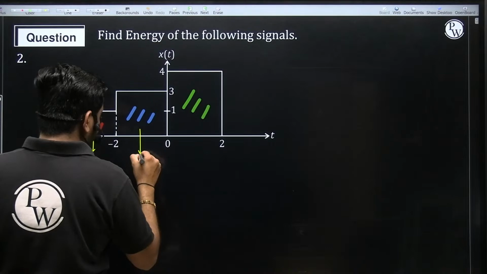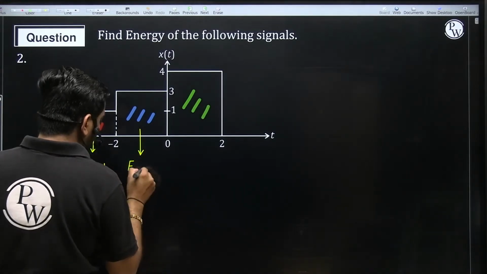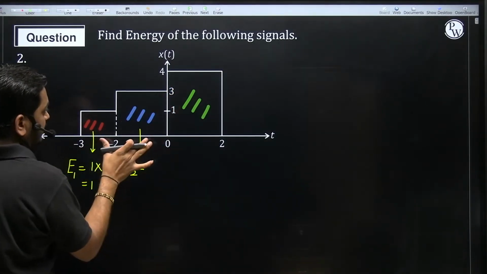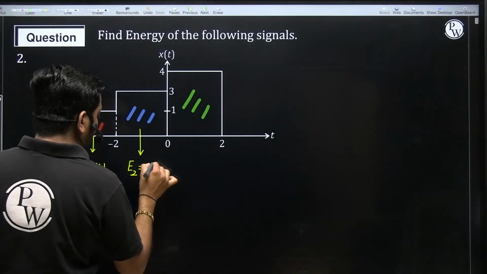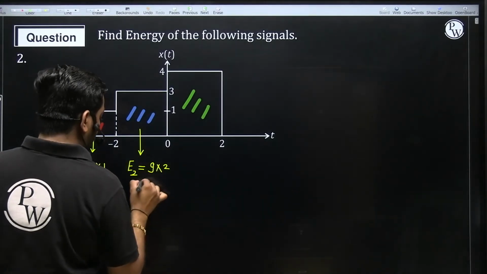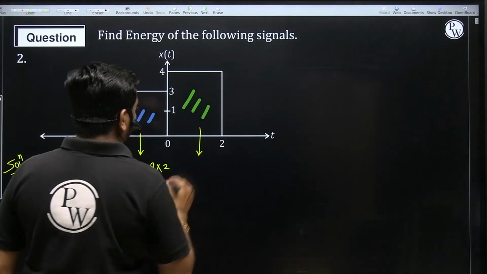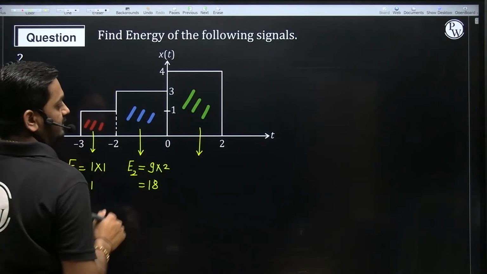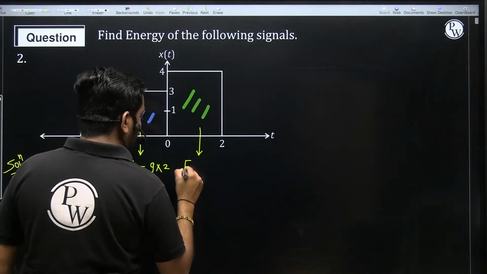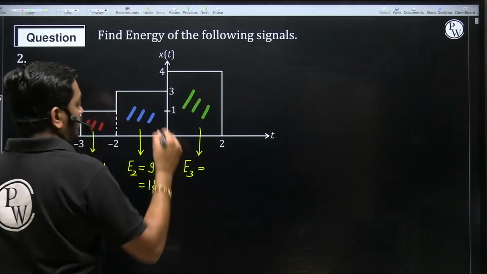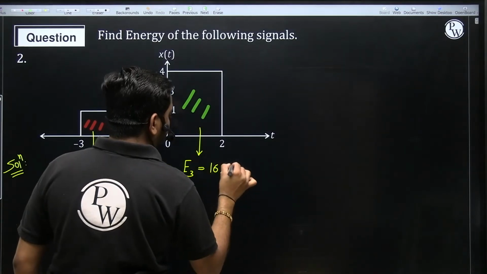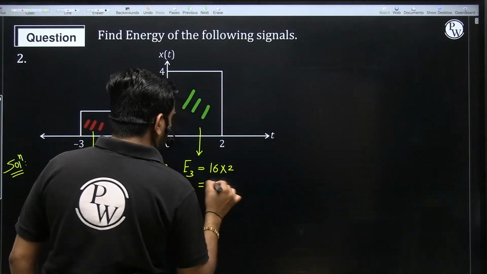Now the energy of this signal E2: peak value square into width, peak value is 3, square is 9, width is 2, so it will be 18. And the energy of this signal: peak value is 4, square is 16, width is 2, so it will be 32, guys.